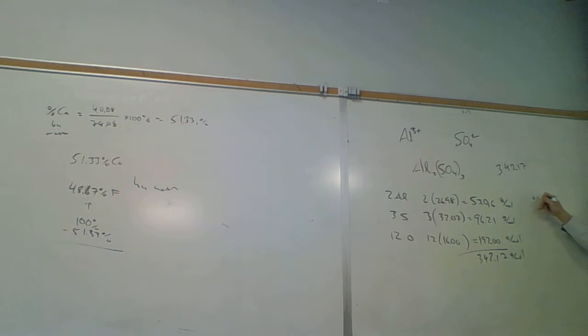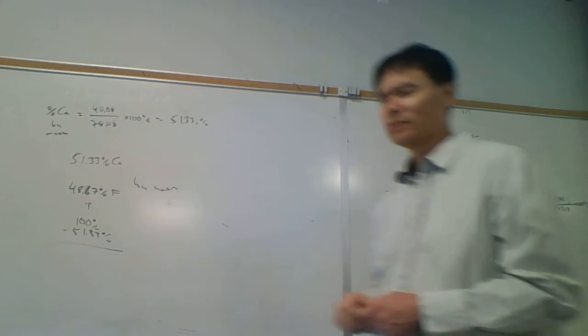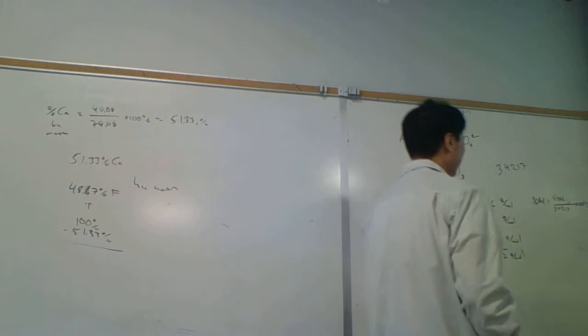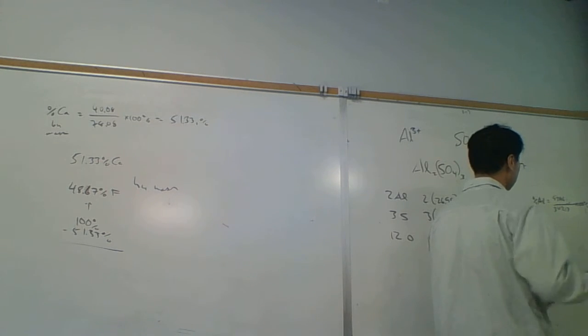But anyway, we can get the percent aluminum. The percent aluminum is 53.96 grams of aluminum per mole. The units are going to cancel out over a total of 342.17. Assuming I did the calculation correctly, I probably should check it. Did I do it correctly? Yeah. So let's get the percent aluminum.